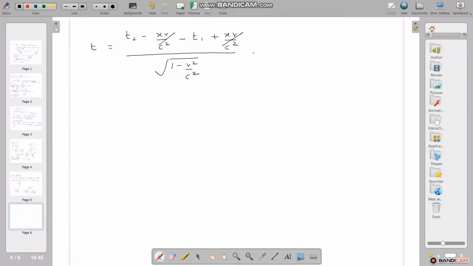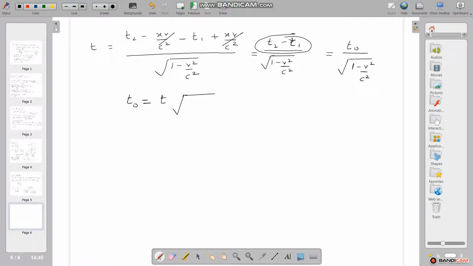Now xv upon c square cancels out, and it becomes t2 minus t1 upon under root 1 minus v square upon c square, and t2 minus t1 is again the time interval, t naught. So t is equal to t naught upon under root 1 minus v square upon c square.